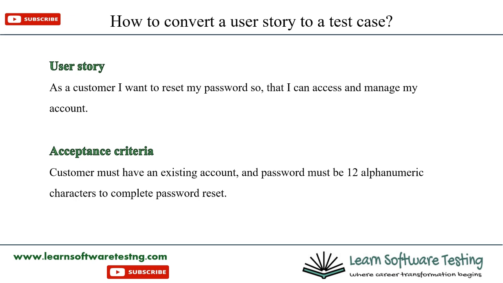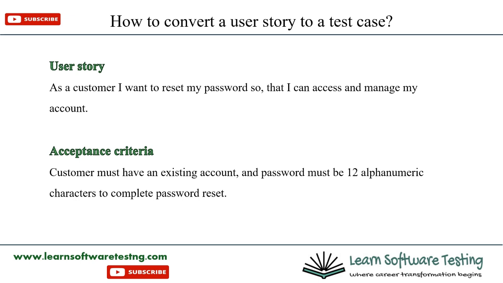It also has an acceptance criteria. Acceptance criteria is basically what conditions have to be met for this user story to be established. So the acceptance criteria in this instance is to check that the customer must have an existing account and the password must be 12 alphanumeric characters to complete the password reset.